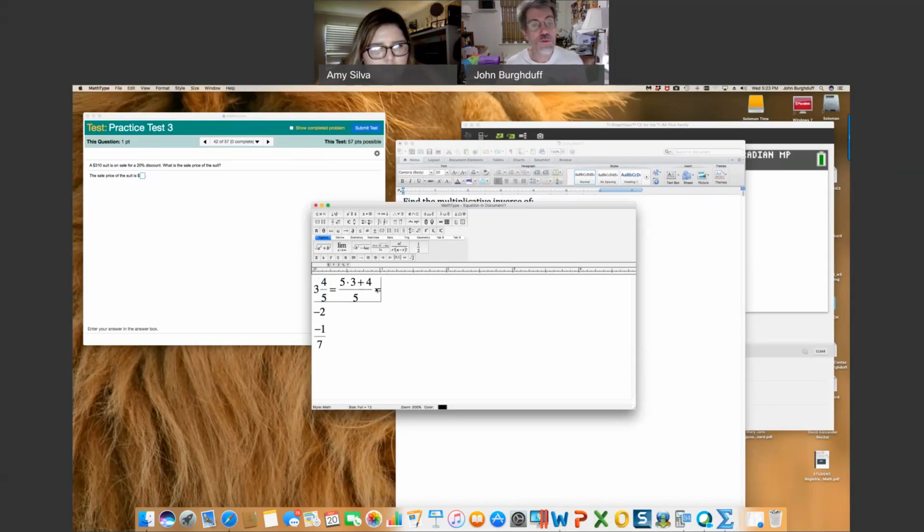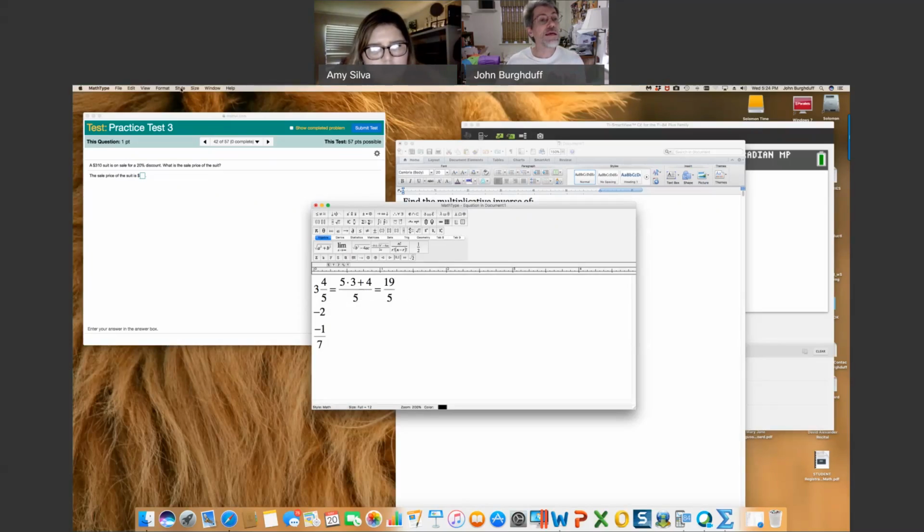Now what that will do is, oh shoot, I didn't want that infinity there. What that will do is on the top you'll get 19. 5 times 3 is 15 plus 4 is 19. So now all this does is say that 3 and 4/5 is the same as 19/5. That doesn't tell you what the reciprocal is.